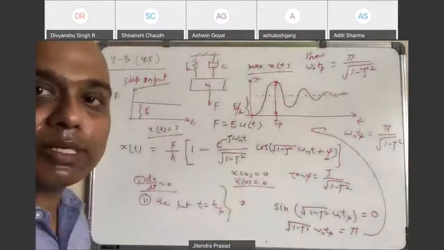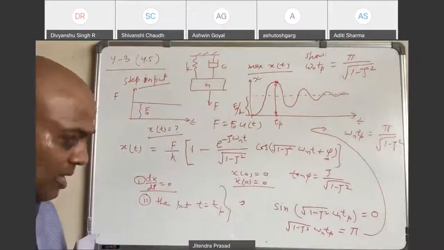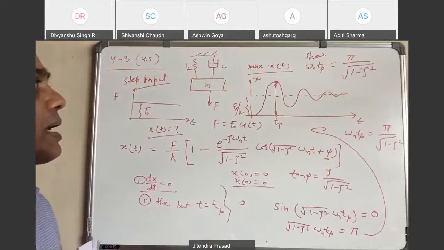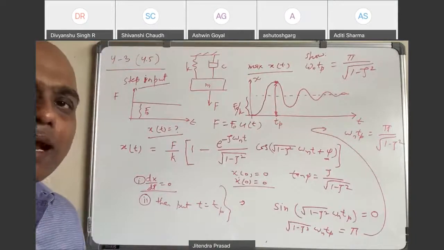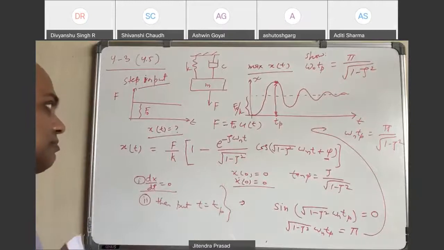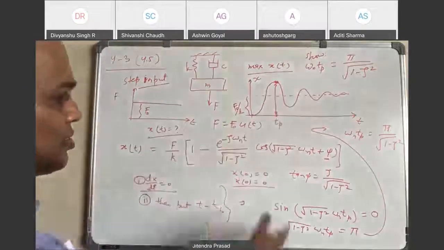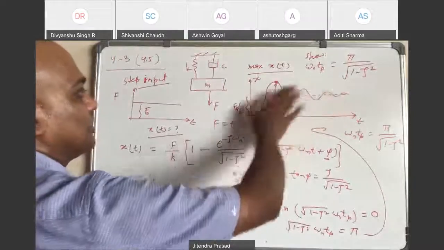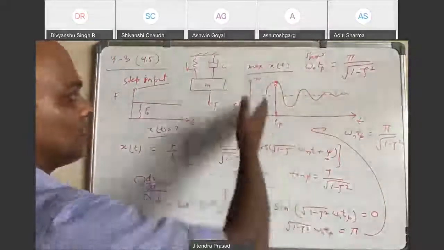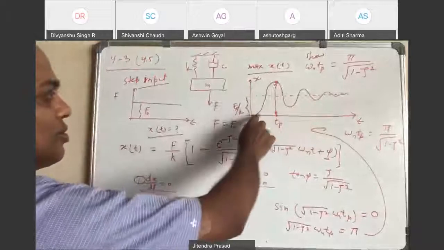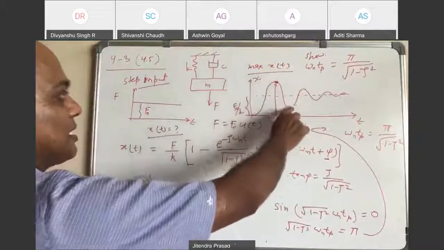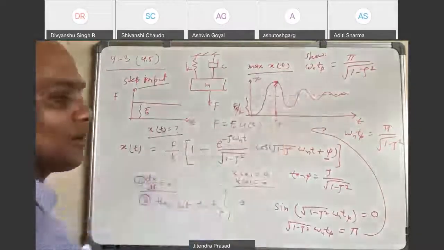Just try that. Any question, guys? This is standard calculus. You have the function, and you find it out. You know what the nature of the solution will be. You know that the first peak will be the highest peak. If you plot it, you can also find it out.